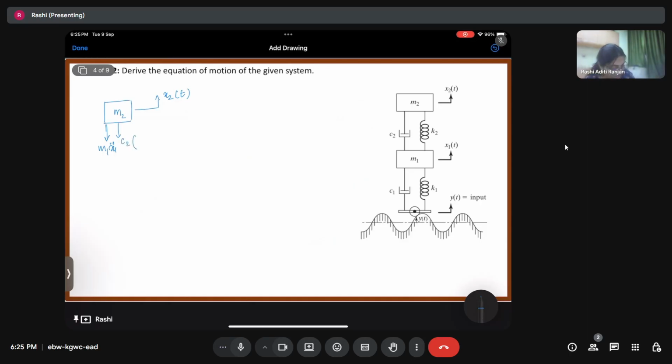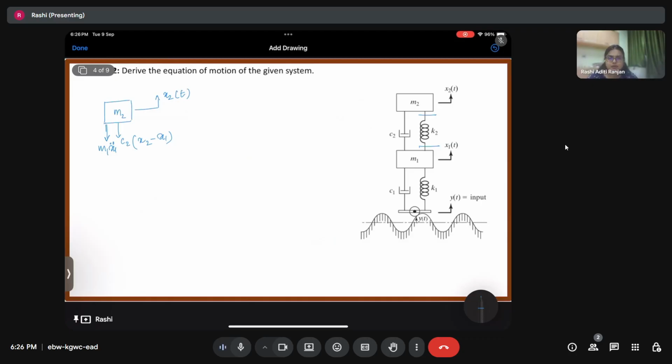So we'll have C2. Now, if you look over here, this spring is between two masses, which are both getting displaced, right? So the force that this spring is going to apply will depend upon the relative displacement between x1 and x2. So in this case, C2 into x2 dot minus x1 dot we are going to write.